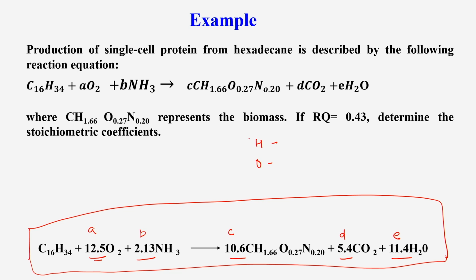So, it becomes very difficult to go ahead with the hydrogen and oxygen balance. For that we require another equation, and that is called the electron balance, which we will be discussing in the next lecture.